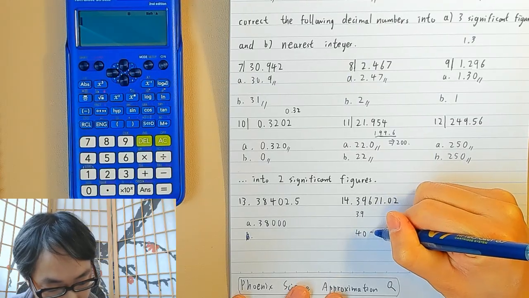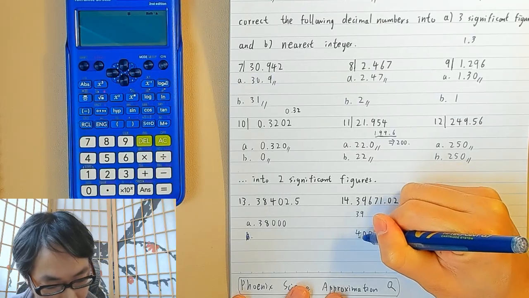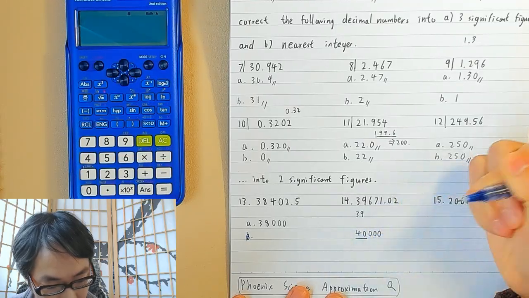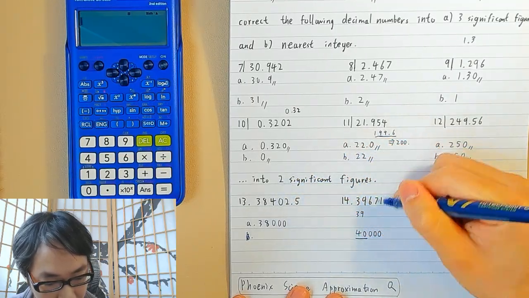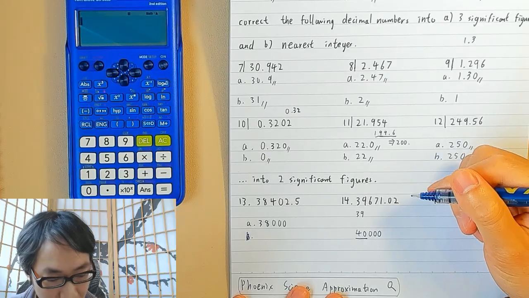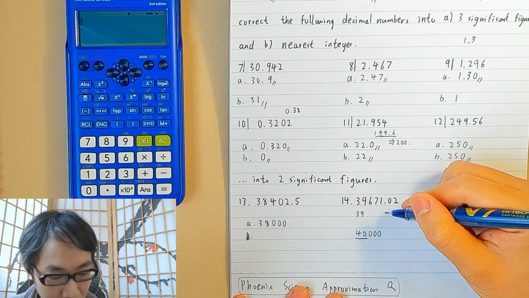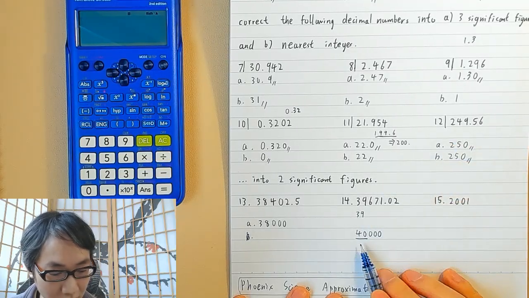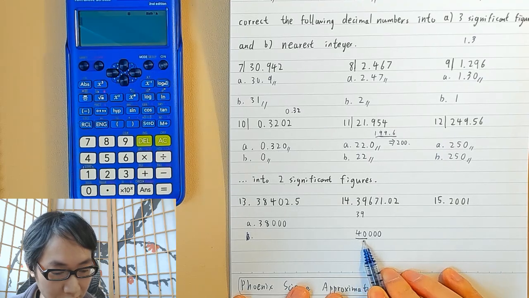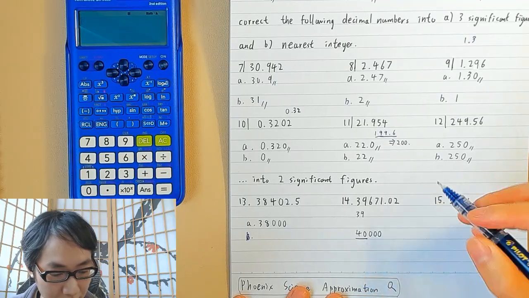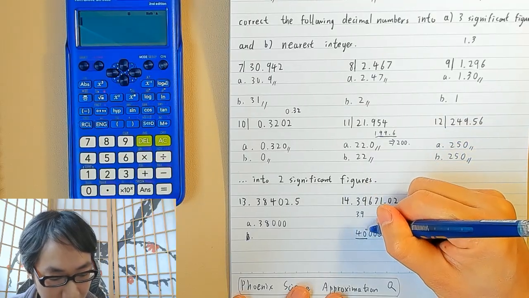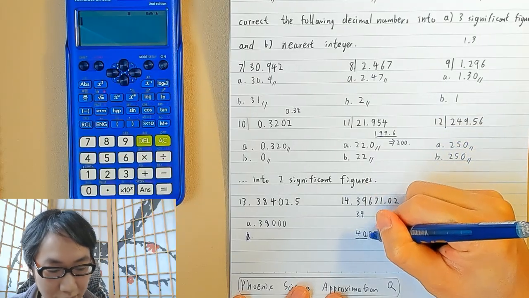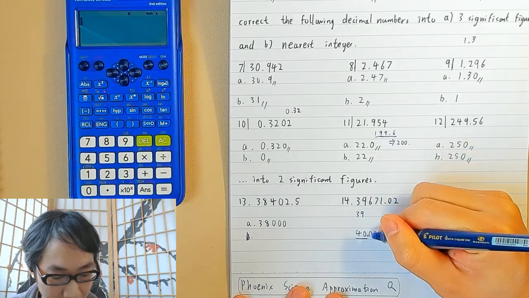Then the rest has to be 0 as placeholders. After we finish the two significant figures, the rest will be 0 as a placeholder, such that we know the magnitude of the 4 and this 0. This 0 carries 1,000 value, and this 4 carries 40,000 value. This other 0 does not carry value, but is at the digit of the 1,000.